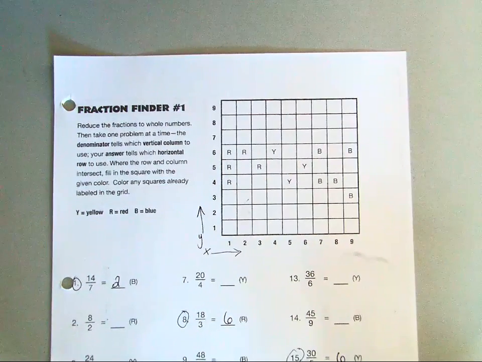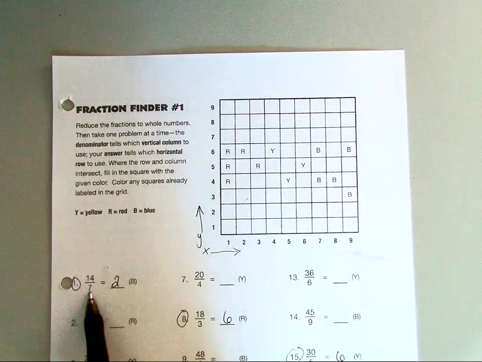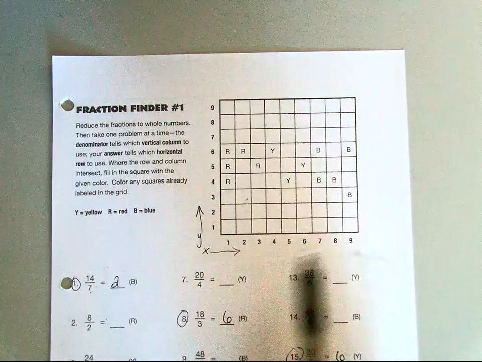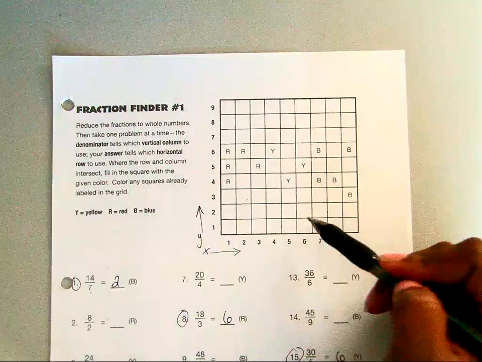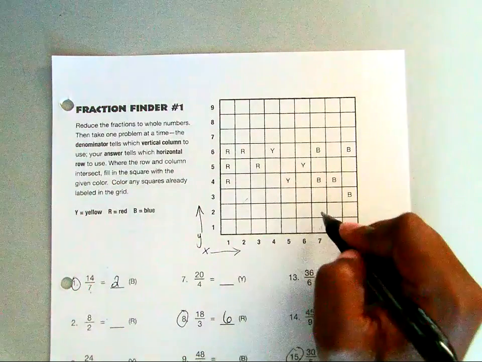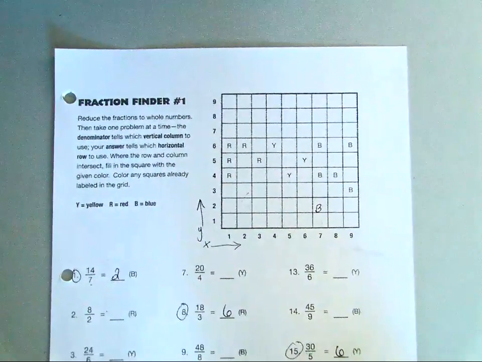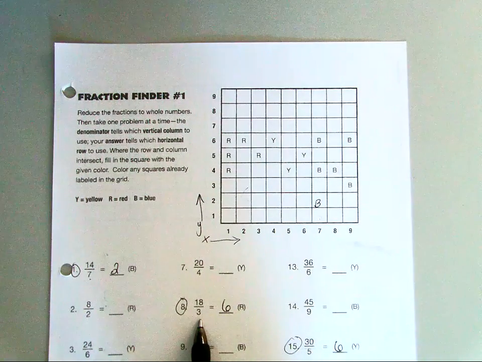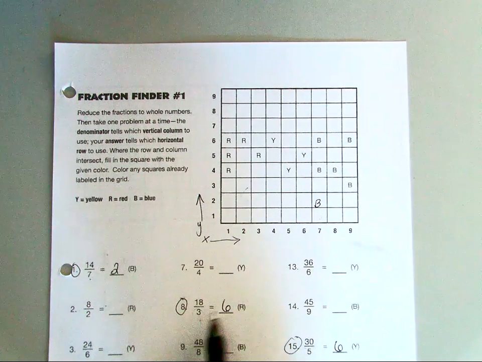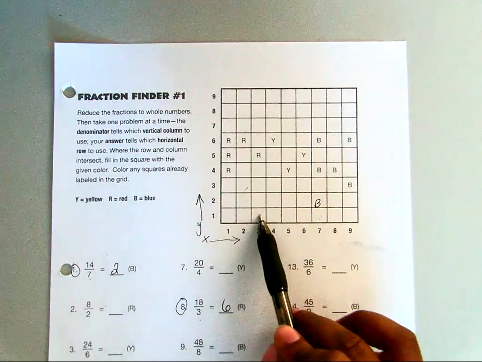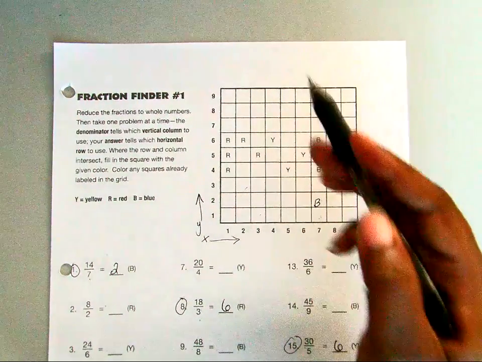So my denominator here is 7. And my answer is 2. So 7 and 2 is going to be blue. My denominator is 3 and my answer is 6. So I'll go 3 and go up to 6. It's going to be red.